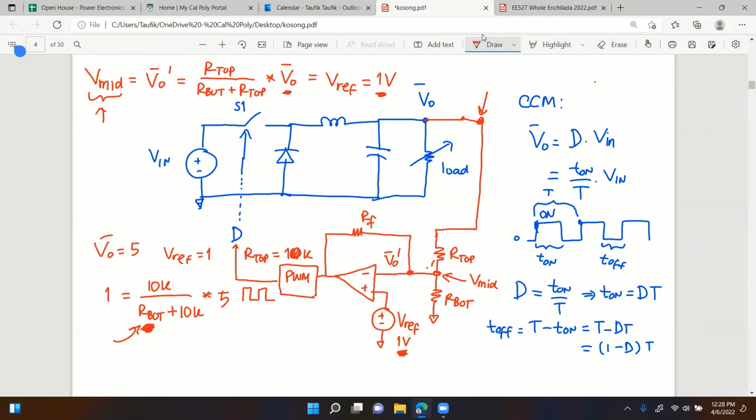You interrupt the current, and then you let it flow, and then you interrupt again. So it takes more time to recover from the oscillations. Coupled with this inductor, the inductor is very sluggish in terms of recovering from oscillations. So my point is that just having a feedback resistor will not be enough.